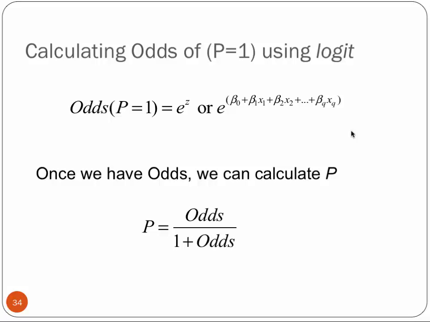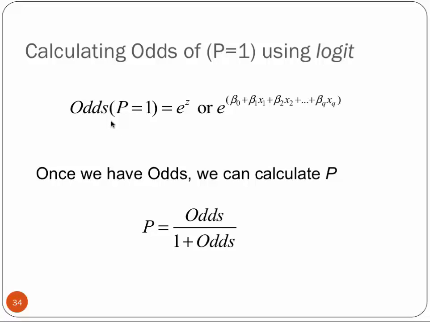Another way we can calculate the probabilities of an outcome happening is to derive what the odds are. In other words, if we take e and raise it to the z, if we take the inverse log of the logit, once we've calculated the logit in the fashion I explained a minute ago, then we can plug this logit back into this equation, which is the sum of all of these b's times the x values, and we can actually calculate the odds.